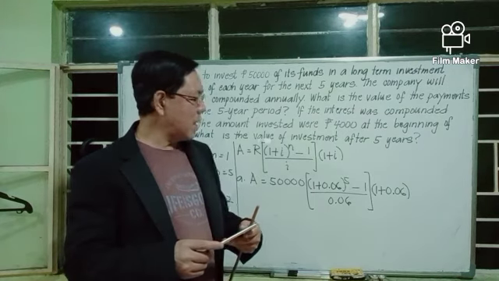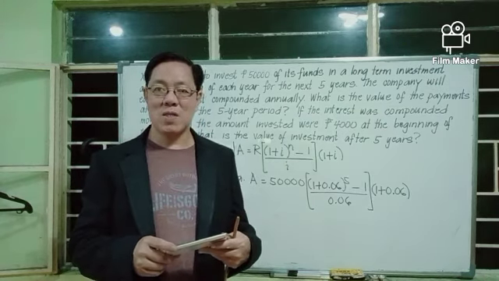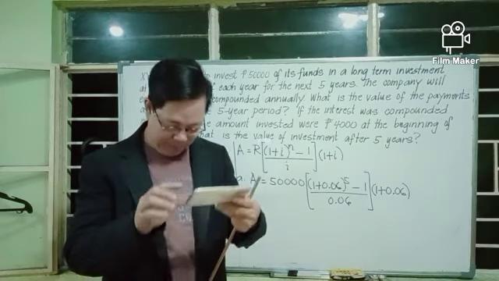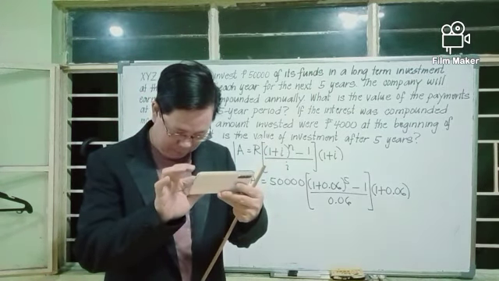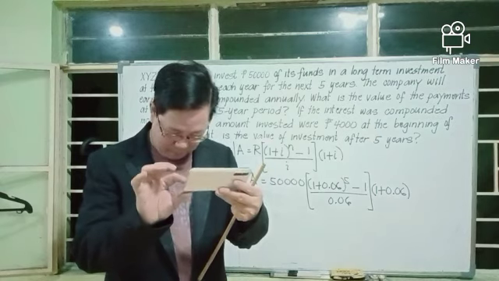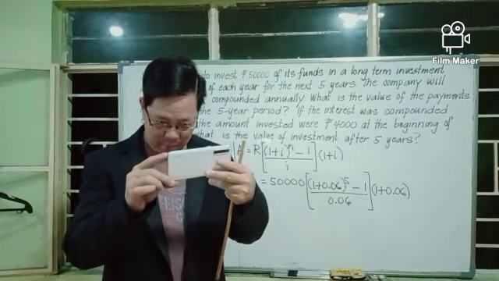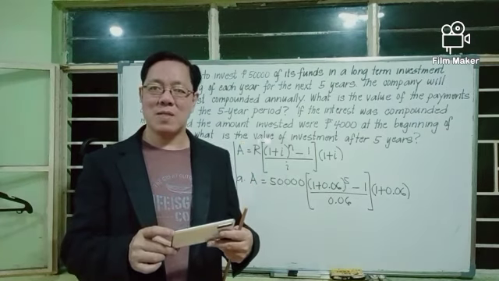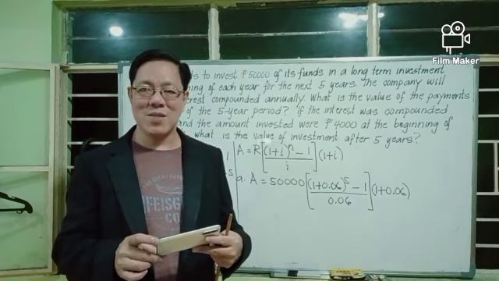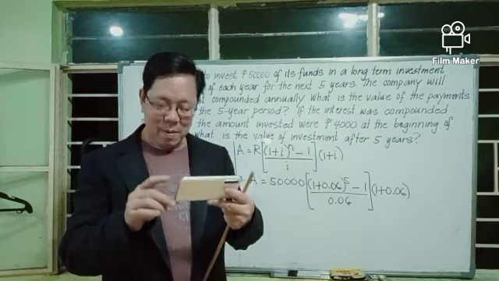We have 1 plus 0.06 is 1.06 to the power 5. And you should get 1.33822557776 from that answer in your calculator. Subtract 1.